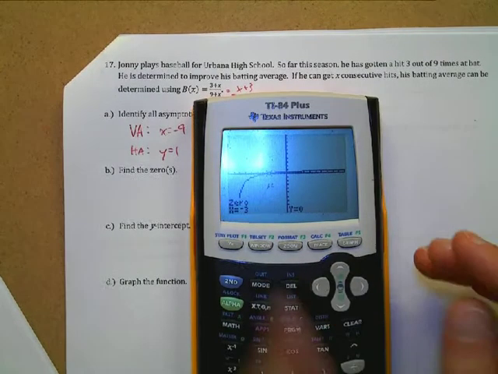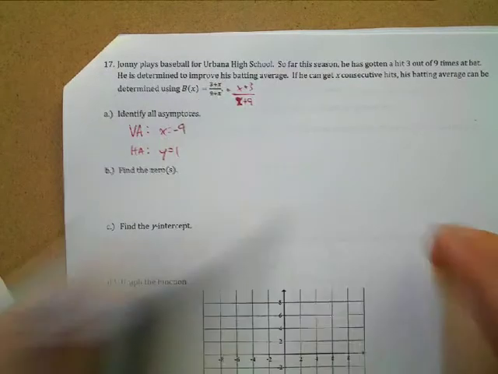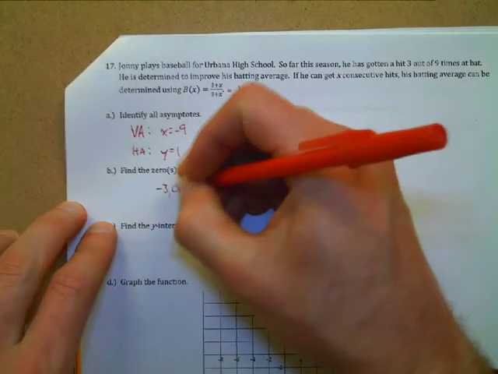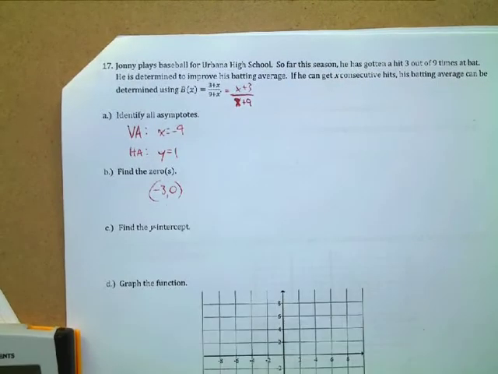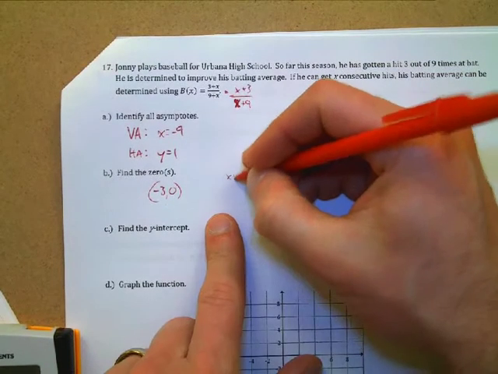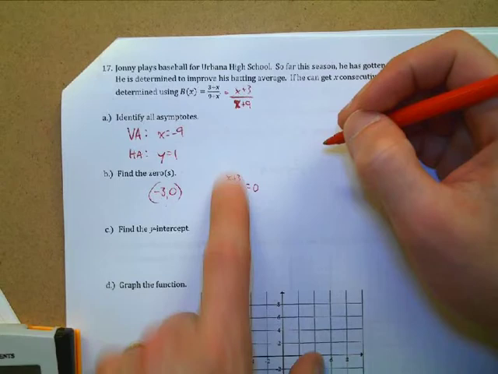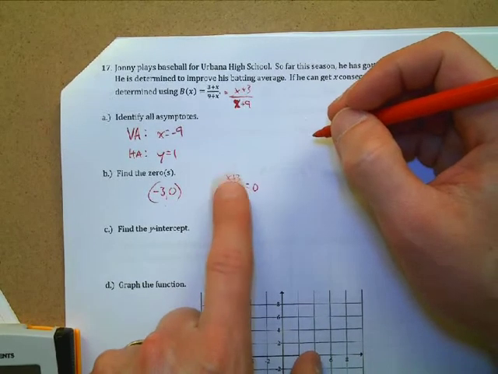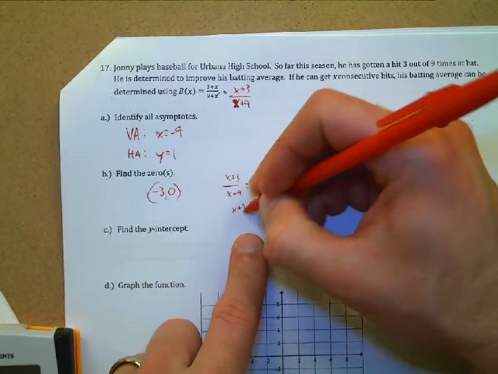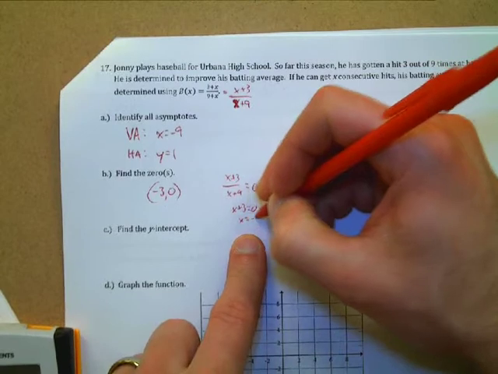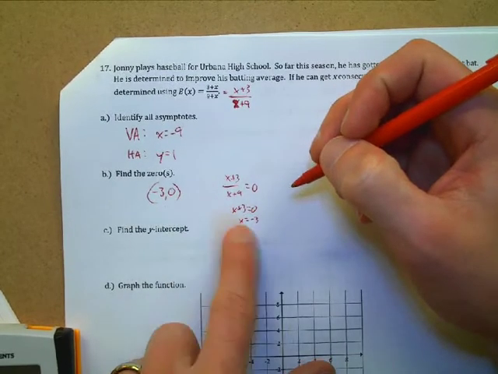And then you can see -3, 0 confirmed. Of course, you can also set your function equal to 0. A fraction only ever equals 0 when the numerator is 0. So you can just set x plus 3 equal to 0, and you see x equals -3, which is what we get right there.